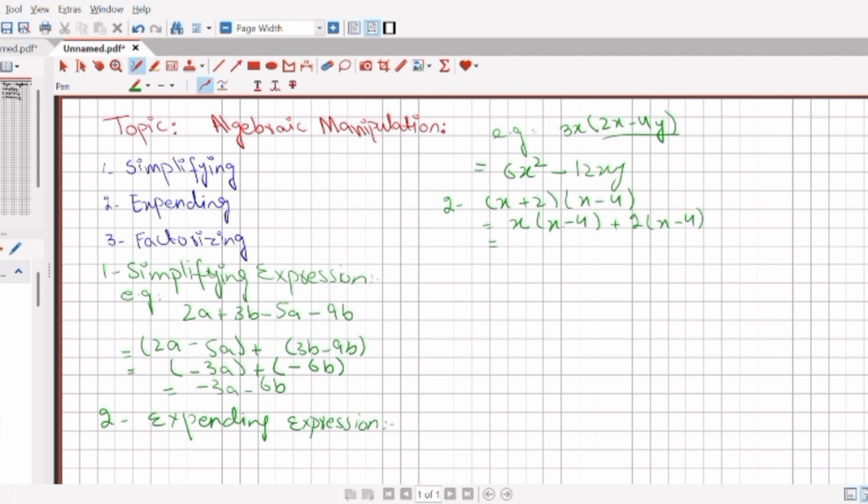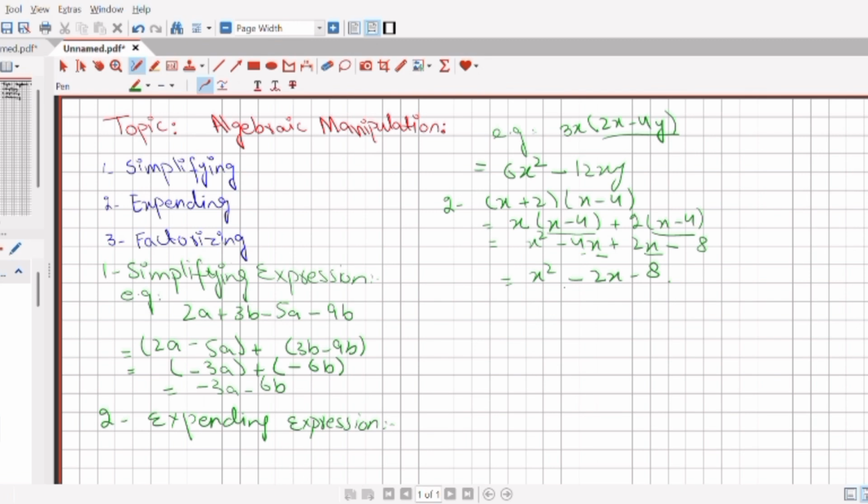Multiply x with this term: x squared minus 4x, plus 2 into this: 2x minus 8. Now minus 4x and 2x have the same variable x, so we subtract them, because 4x has a negative sign: minus 4x plus 2x is minus 2x, minus 8. This is the final answer.